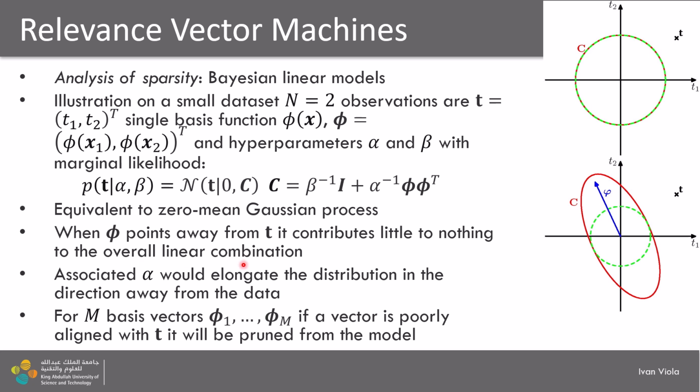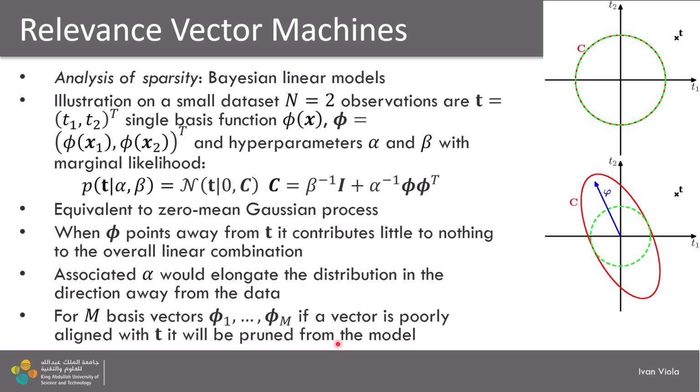And then the associated alpha would elongate the distribution in the direction away from the data. And for basis vectors phi 1 to phi m, if we have m basis vectors, if the vector is poorly aligned with t, it should be pruned from the model. That's the concept of these relevance vector machines.